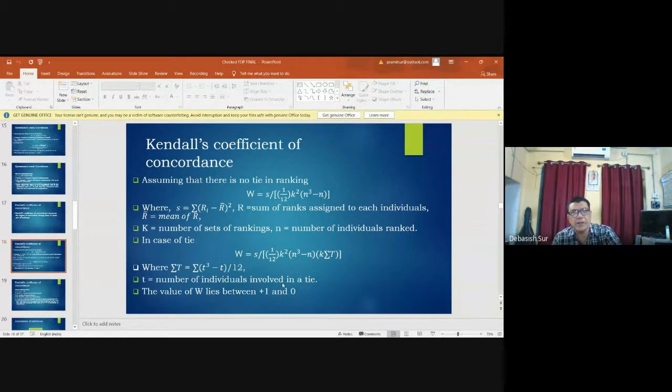But if the computed value of S is lower than the table value of S, then we can say that Kendall's coefficient of concordance is not statistically significant, it is insignificant. We have to follow this rule when n does not exceed 7, that means n is either equal to 7 or lower than 7.